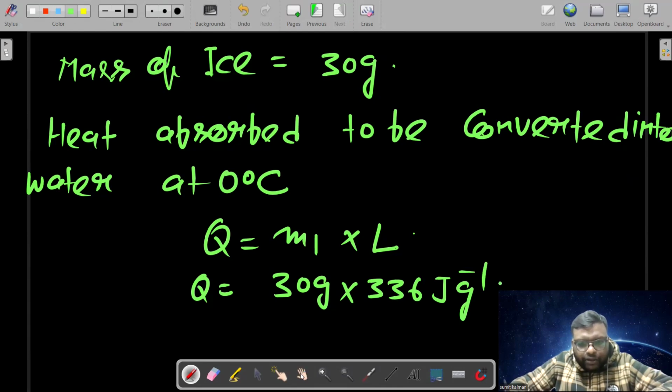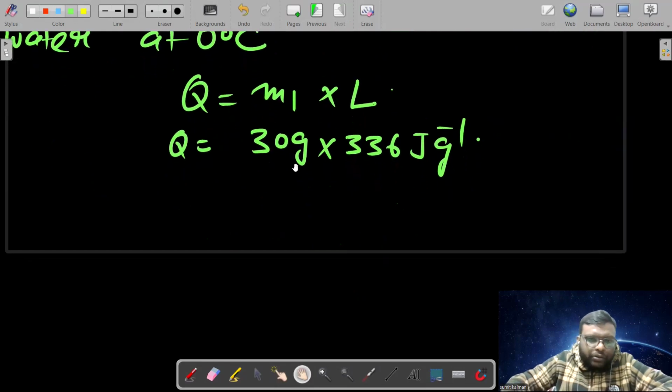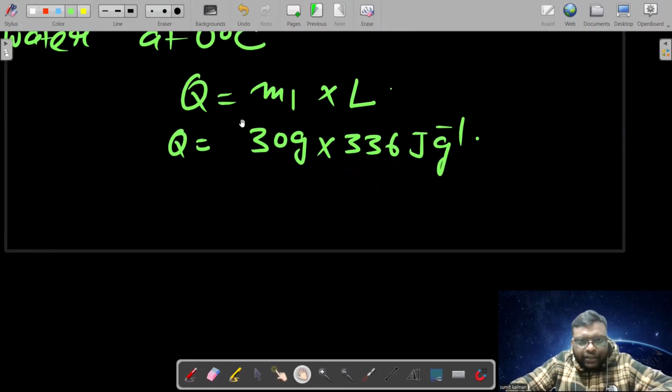Actually, students, if you are doing any numerical problem in physics, just write down the units. Then there will be no confusion in units, and if the unit is coming correct, then it's obvious that you are going in the right path.